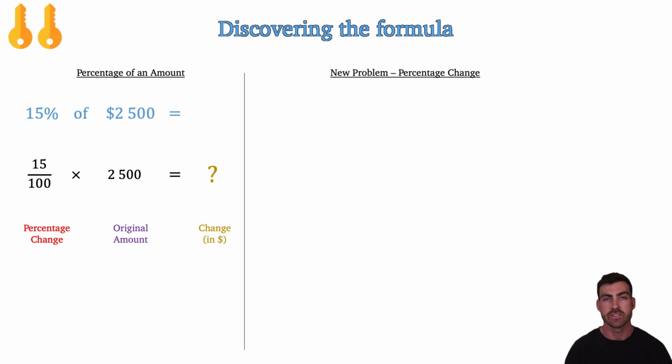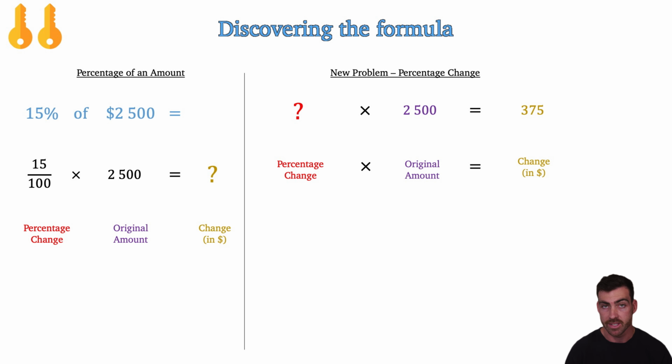Now here's where it gets interesting. Let's flip the question. Instead of finding the change, I give you the change, 375, and the original amount, 2,500. And now I ask, what percentage is that? We can't just guess. We need a method that works every time.